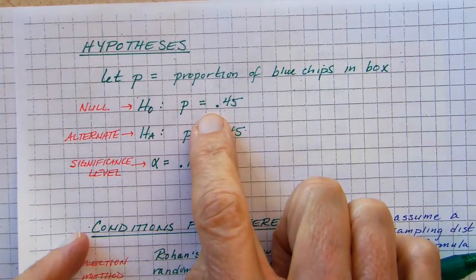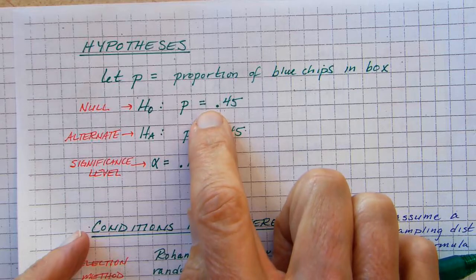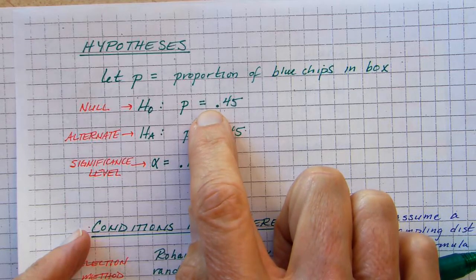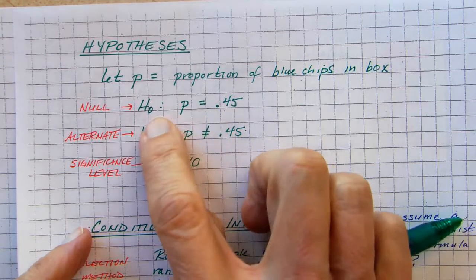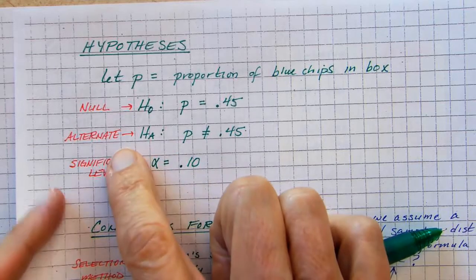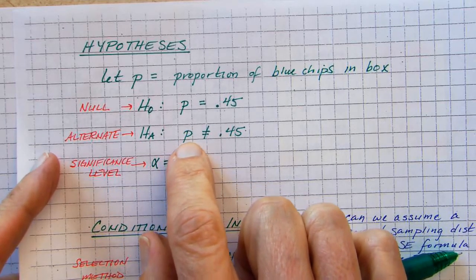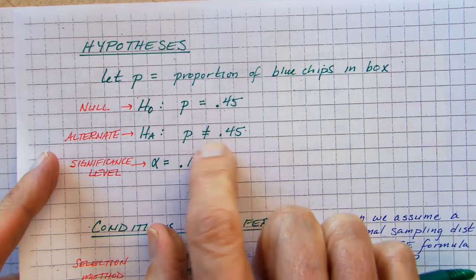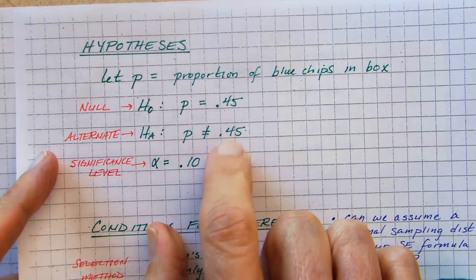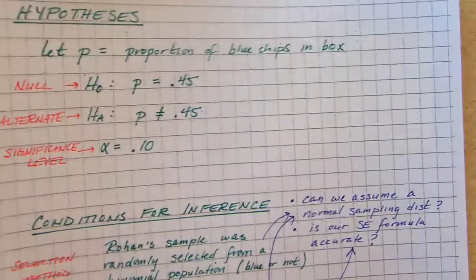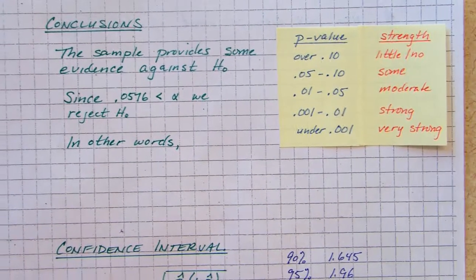Well, H0 said that there really are 45% blue chips in the box, and Rohan just happened to grab an unusual or rare sample. We're rejecting that, and so now we go with the alternate hypothesis, which is, well then, what you're saying is the proportion of blue chips in the box is not 45%. And so we write words to that effect.